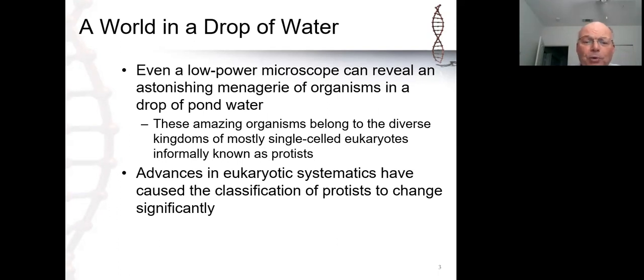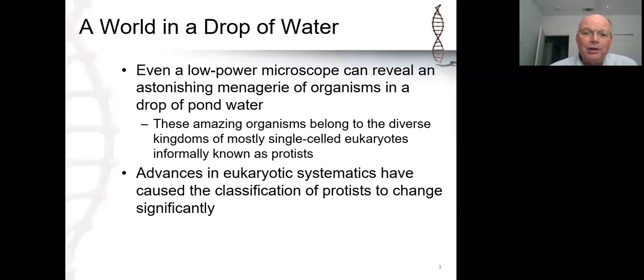Or if you didn't look at pond water, but you did a lab similar to the sort of lab that we do in Bio 1, where you get a chance to look at a whole variety of different types of cells, the largest group of cells that we typically have are the protists, or representatives of that group we used to refer to as Protista. Now we just refer to them loosely as protists. And that's because there is such a huge diversity of these organisms. And that's really the reason why we don't have a kingdom Protista anymore.